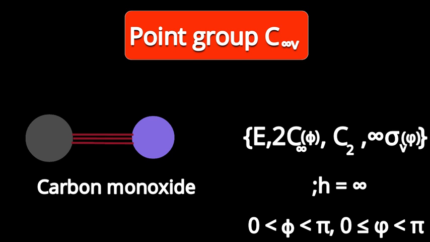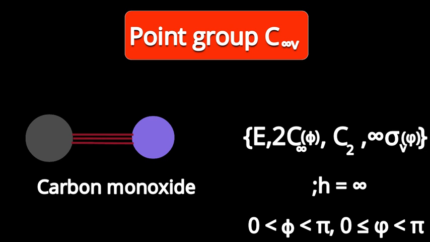So which operations are possible? Identity, double the C infinity operations with variant angle phi, where phi is greater than 0 but less than pi, and that C2 axis, a coinciding axis to the C infinity axis. Only one operation that we are considering, that's a C2 operation obtained from C infinity.